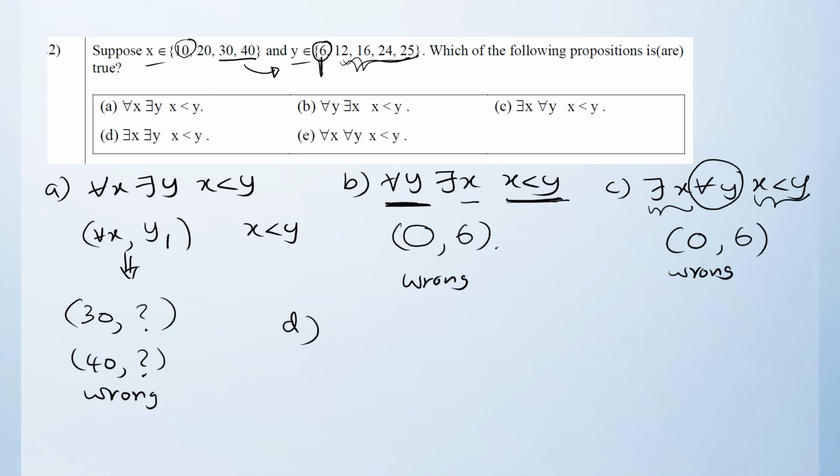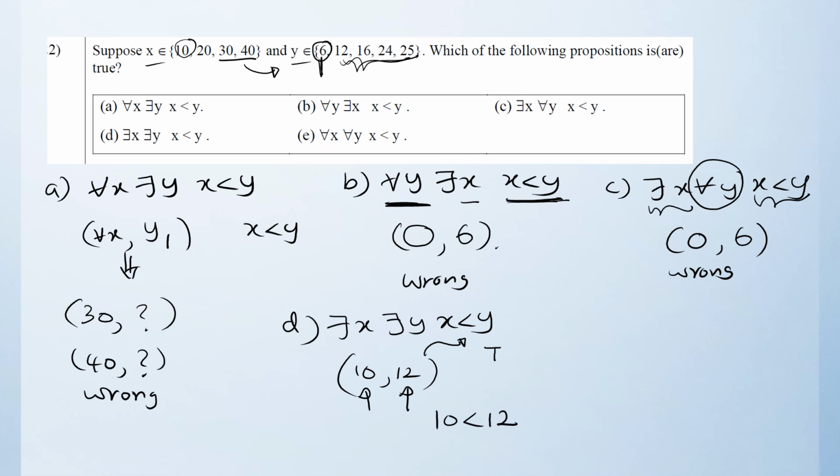Part D. There exists x, there exists y, x less than y. This means we have at least one x and at least one y which makes this relation true. Yes, we have. It is enough to identify at least one pair like that. Yes, we have 10 and 12, because 10 is less than 12.